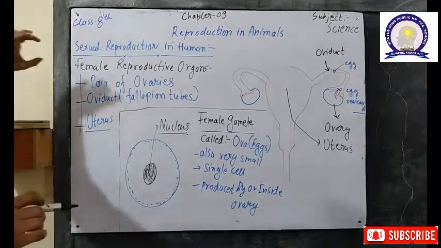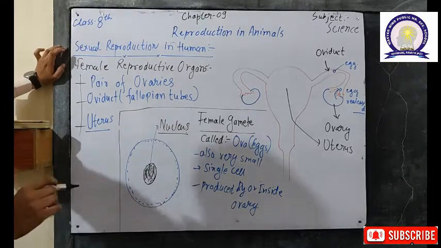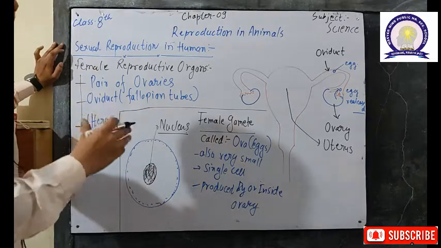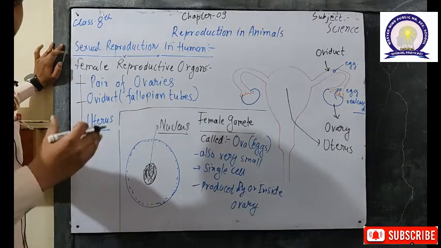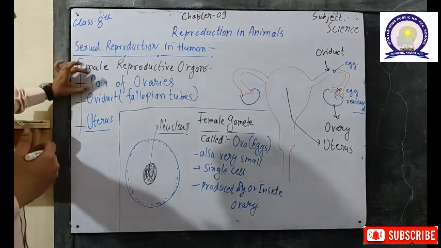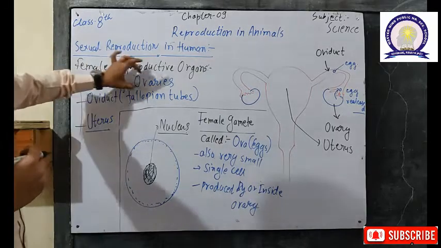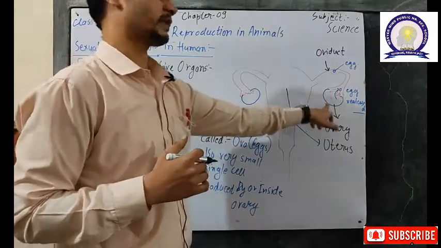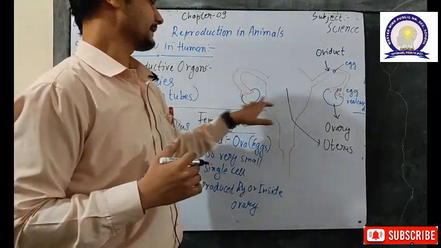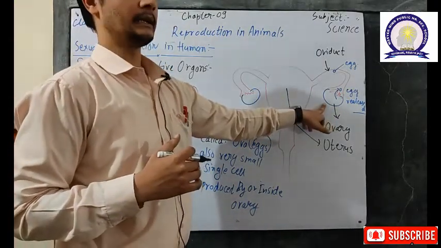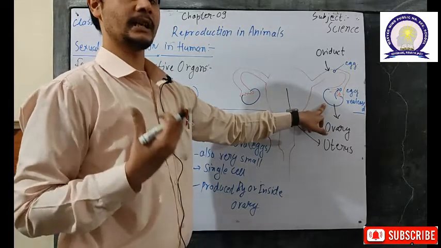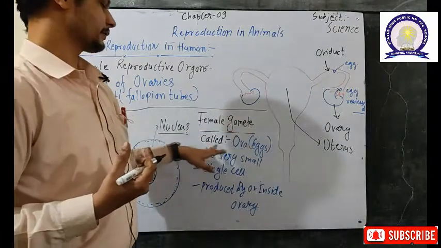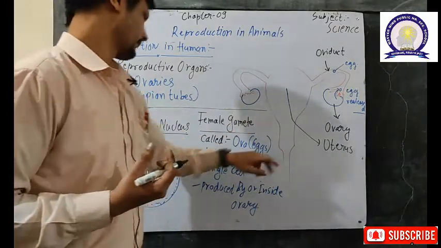Now in the further part, the female reproductive organs. In the human female also there is a group of organs involved in the process of reproduction. Firstly, a pair of ovaries. In human beings there is a pair of ovaries; on each side, left and right, a single ovary is present, and the ovary is the major reproductive organ in the female which produces the female gamete, also called the ova or egg.